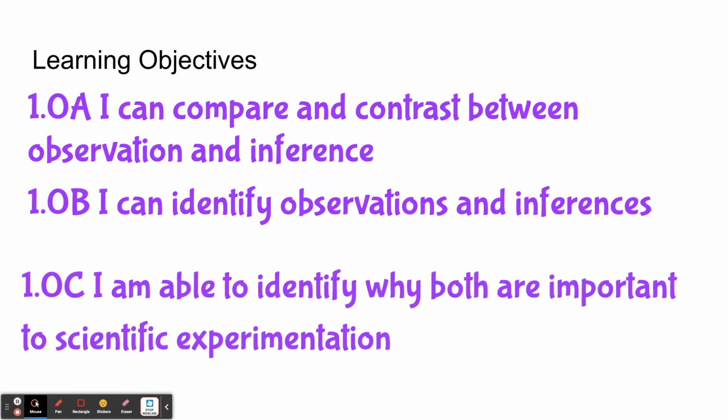And then finally, I really want you to be able to verbalize and explain why these are so important in science and why science is basically an observational science. Like it's so important. So we'll come back to those learning objectives at the end and review and make sure that we touched on all of them.